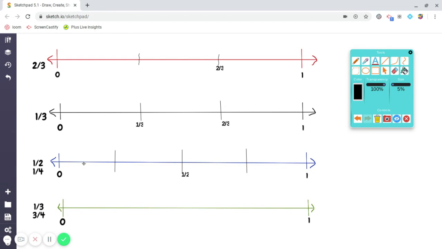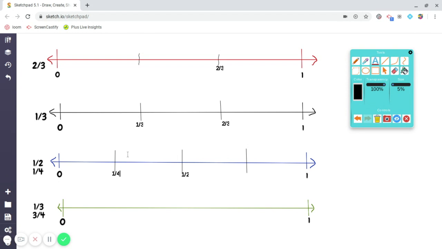And then I have 1, 2, 3, 4 equal parts. So now I can try to locate, well, where is the first of the 4 equal parts, which would equal 1/4. So I start at 0 and I go to the first line, and that's where my first part is, and that's where 1/4 would be located. All right?